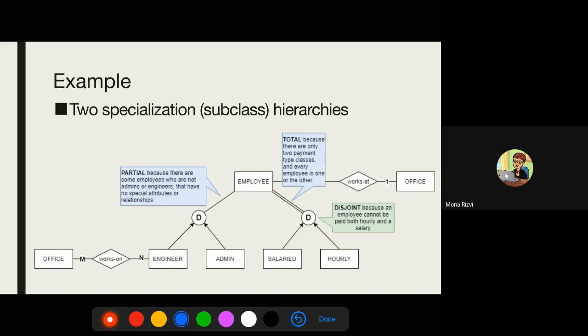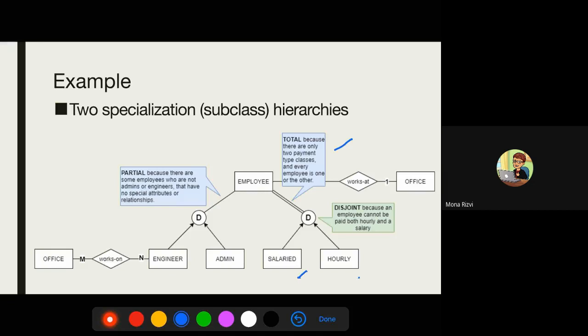There's no third choice or no possibility of anything else. We can imagine a case where there was a possibility. Suppose you had some people who work at your company as volunteers, so they don't get paid either way. But in this one, the employees all get paid and they're either salaried or hourly.